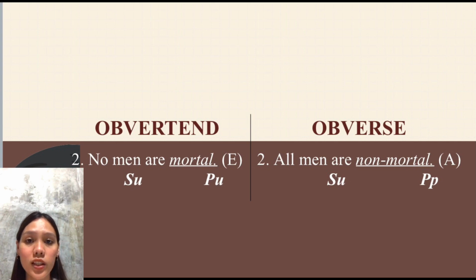Lastly, the quantity of the obverse is the same as that of the obvertend. So, since the obvertend is universal, the obverse is also universal. All these considerations imply that the obverse of an E proposition is an A proposition.